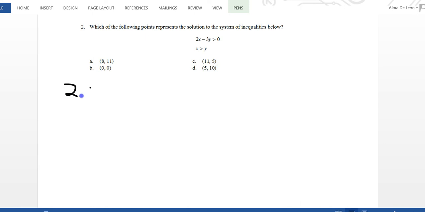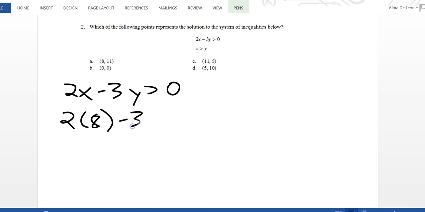I'm going to start by writing my first inequality. I want to know if 8, 11 is a solution to this inequality. So I'm going to plug in 8 for x because that's my x value, and 11 for y because that's my y value. And whatever this is, it must be bigger than 0.